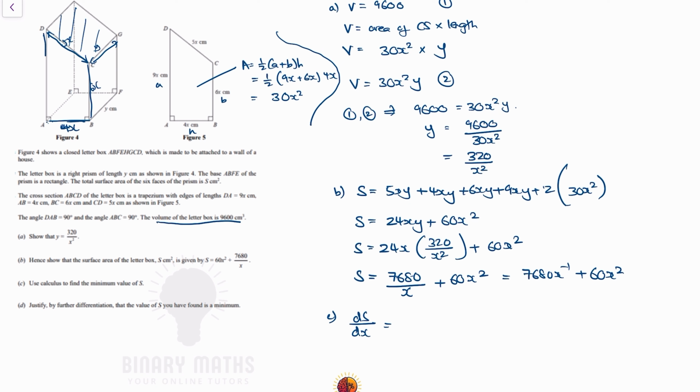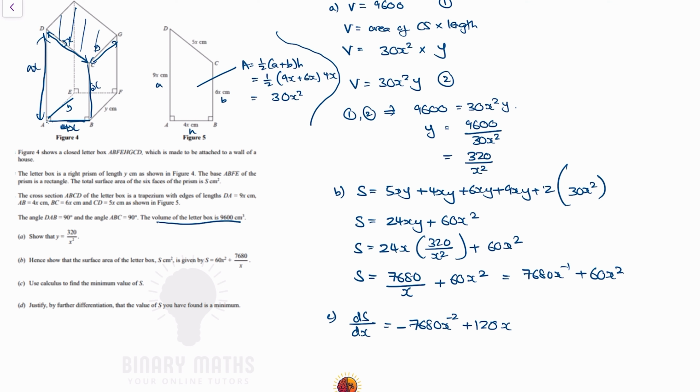Differentiating S, I get dS/dx equal to minus 7680x to the minus 2 plus 120x.